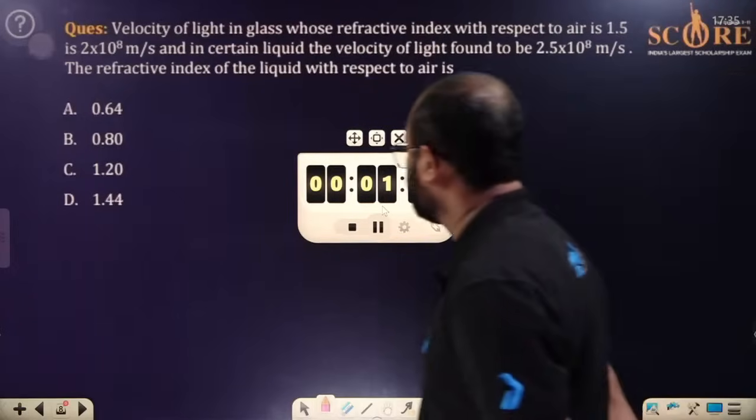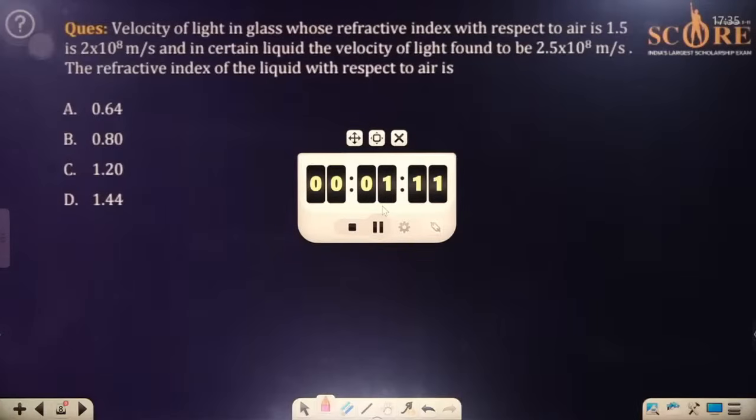I request you all to please let me know the answers for this. Again, it is a very easy question.